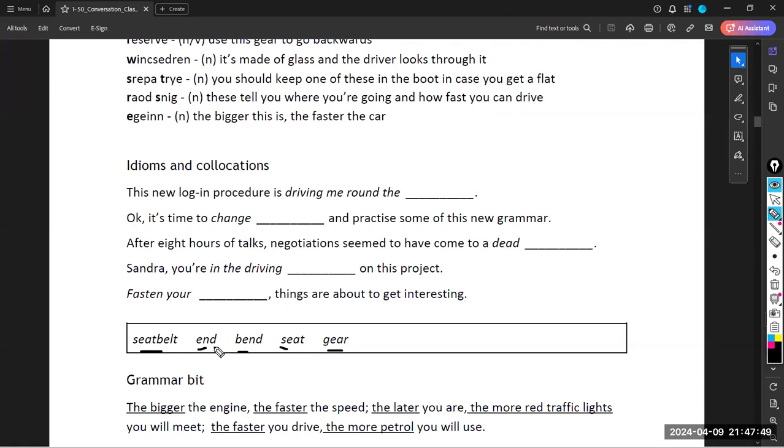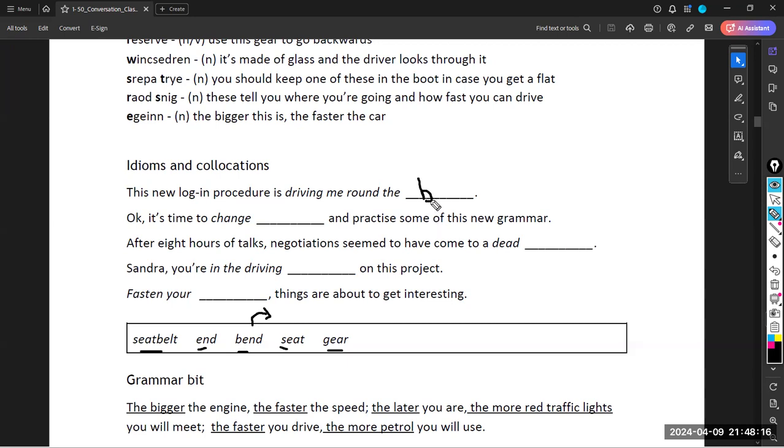Bend means, for example, to bend, or a curve. Okay. Now, number one is saying, this new login procedure is driving me round the what? The bend. Bravo, round the bend.